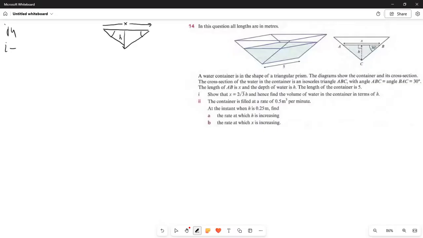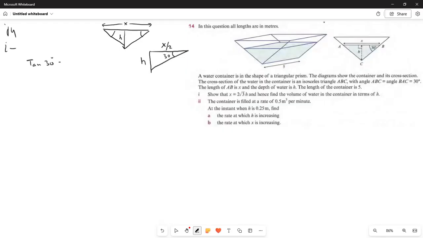If I draw this diagram again, just the right side of it, it is like this triangle. This part is h, this part is x by 2, and this angle is 30 degrees, right? Can you tell me what is tangent of 30 degrees?